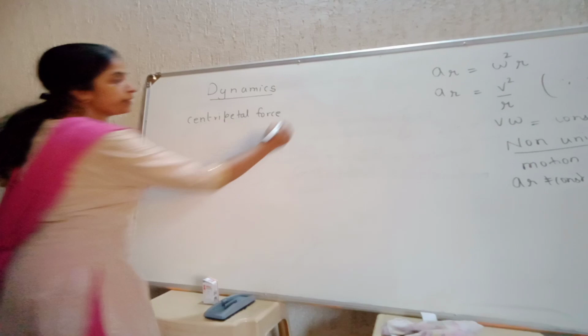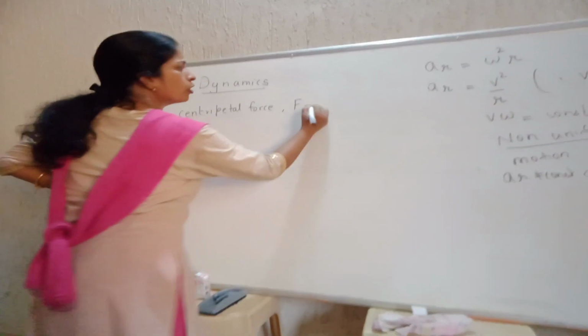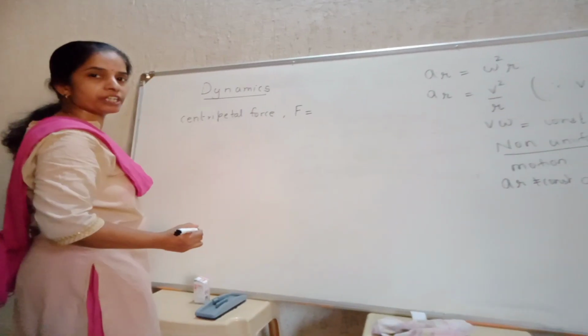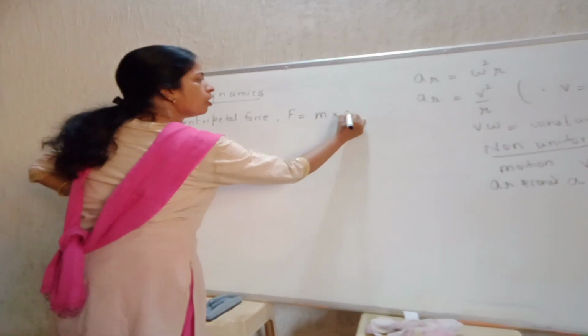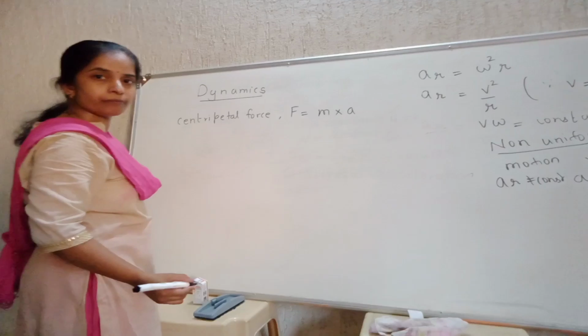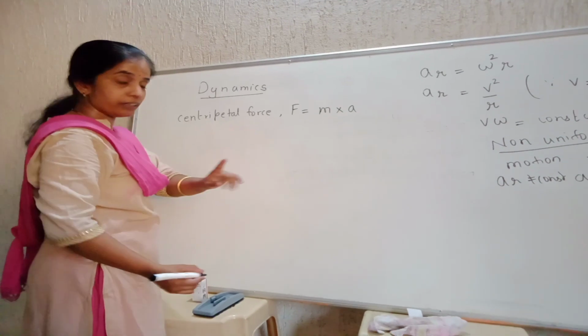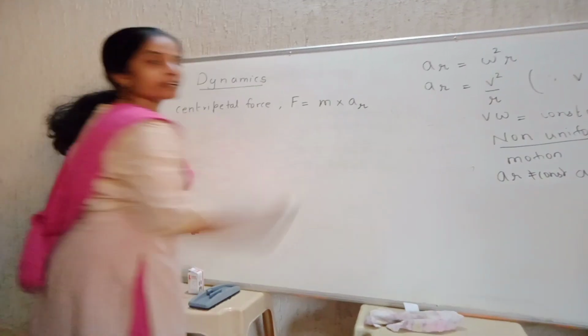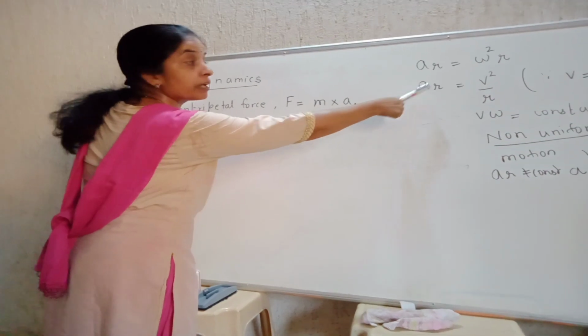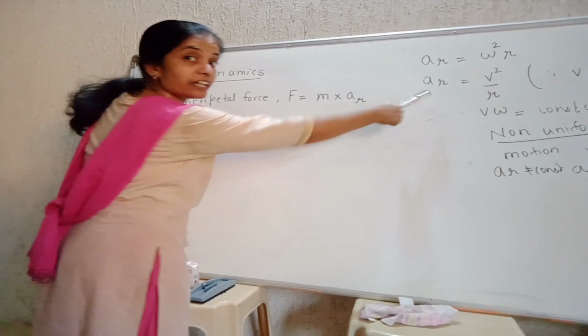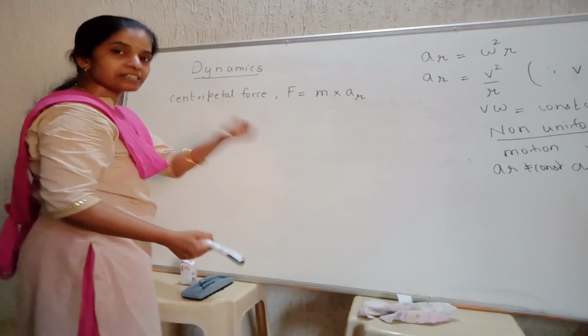What is centripetal force? The normal force which acts in circular motion, which as usual by Newton's second law, F is mass into acceleration. Here this becomes AR, radial acceleration, because radial acceleration is the acceleration which keeps the particle confined in the circle.